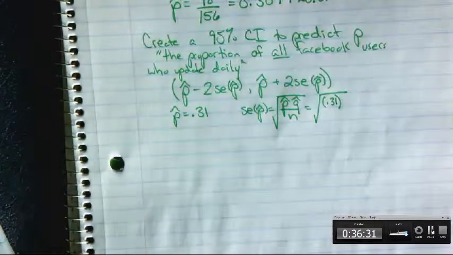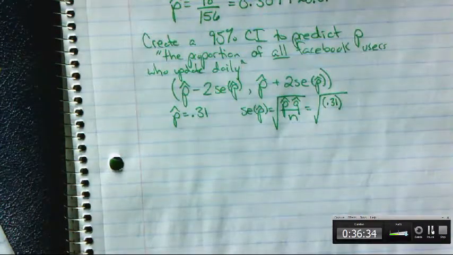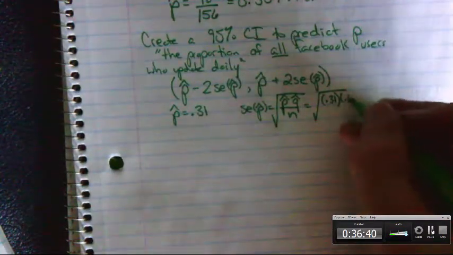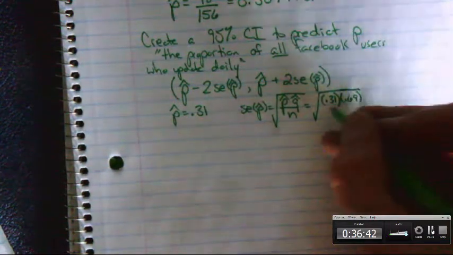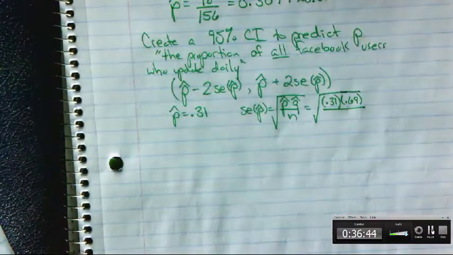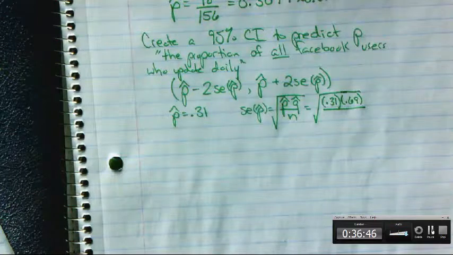0.31. q is 1 minus 0.31, which would be 0.69. That should make sense because if 31% of your sample updated their Facebook daily, then that means 69% did not.